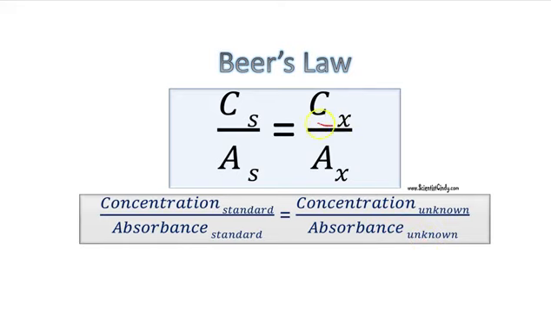We are going to calculate the concentration of our unknown solution. We need to have these three numbers: CS, AS, and AX. By using the spectrophotometer, we measure these two numbers.